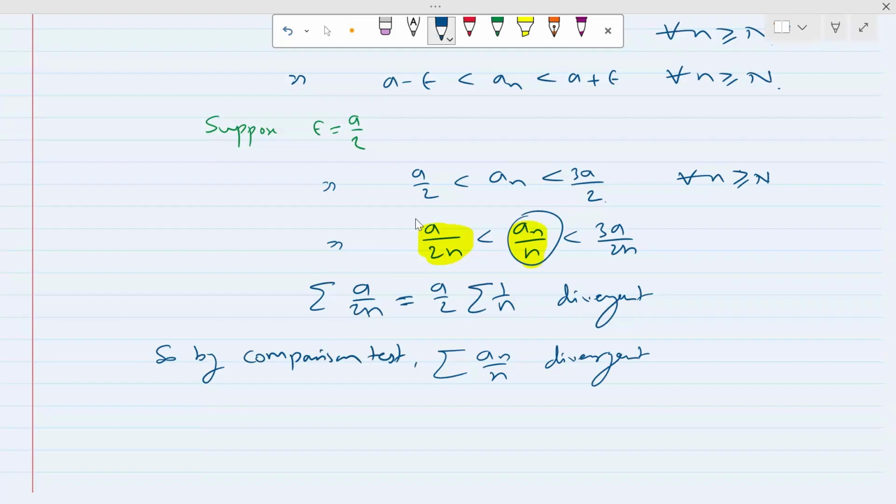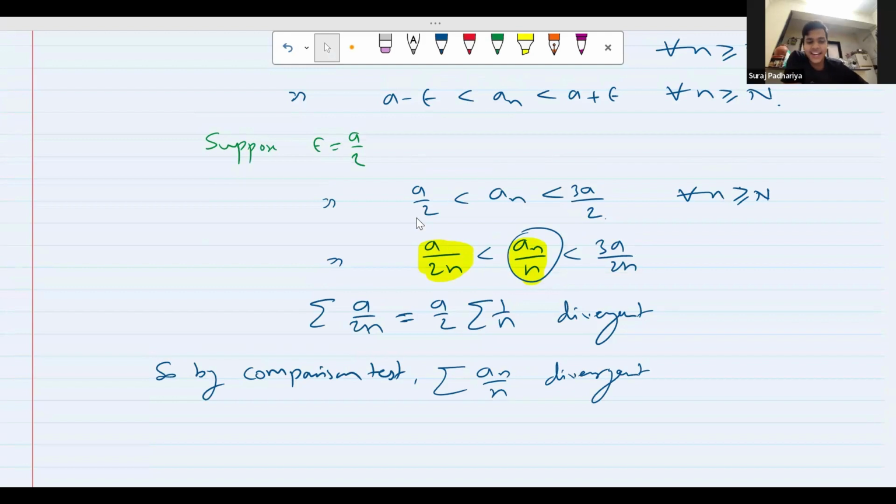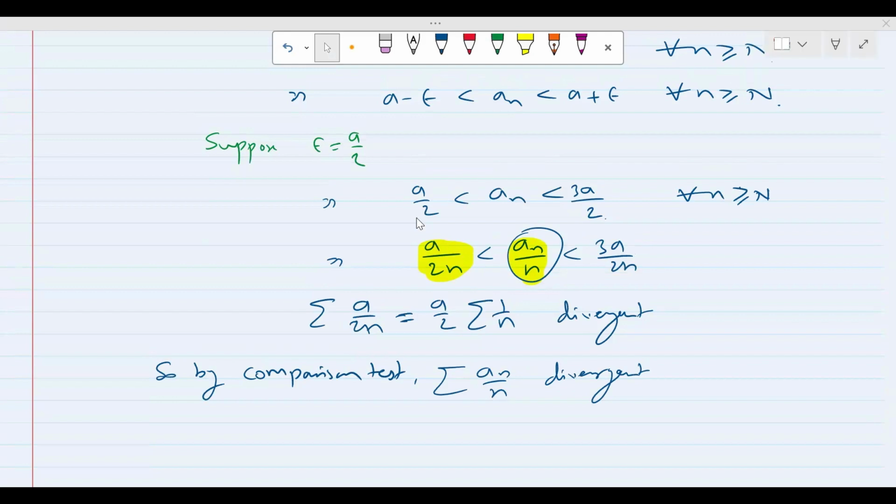So was this a difficult argument, or is it easy? It was actually difficult to choose the correct epsilon, sir. But anyway, I want an epsilon so that a minus epsilon is positive.